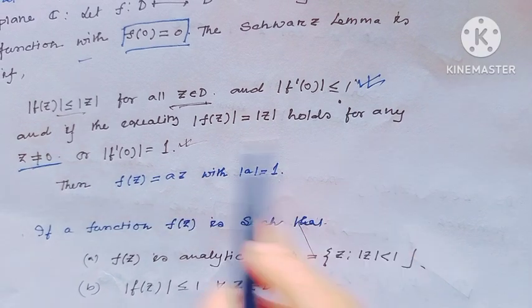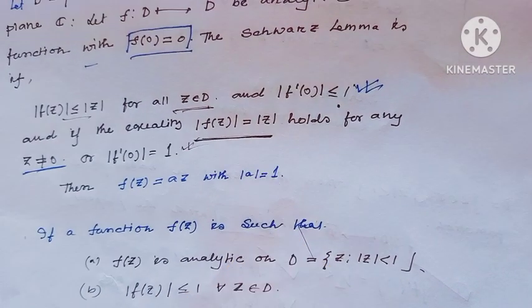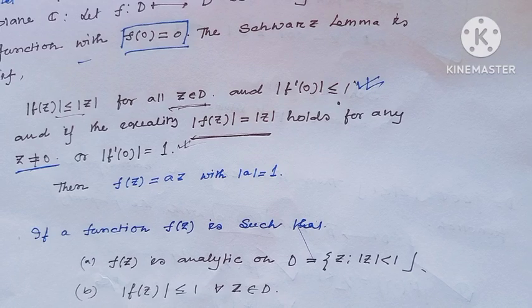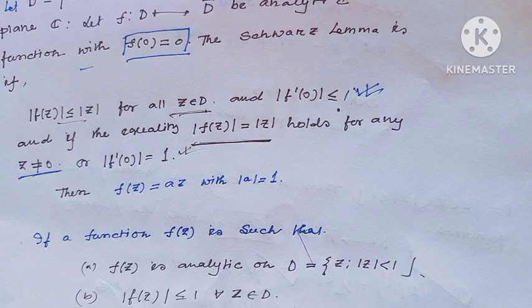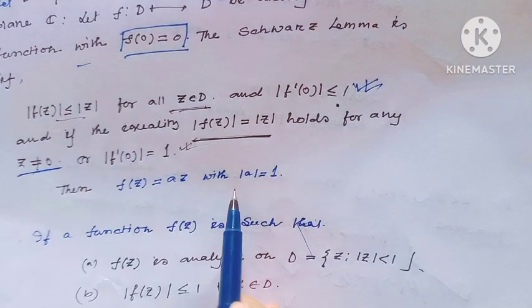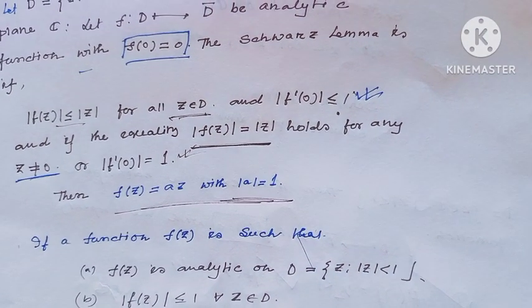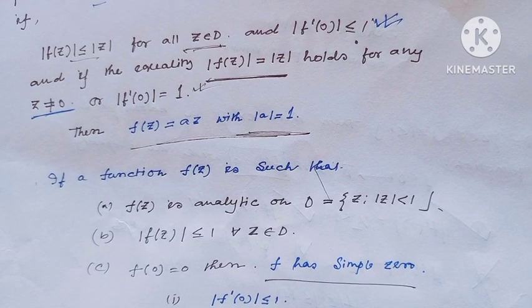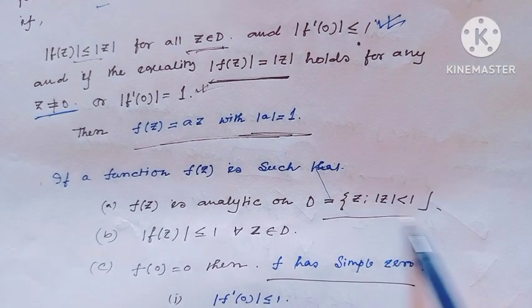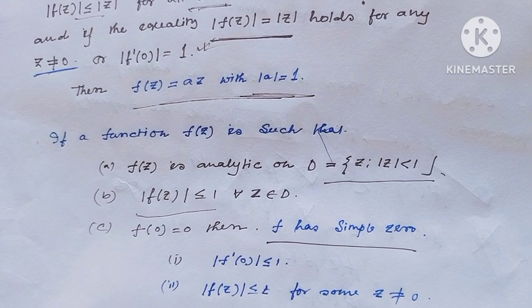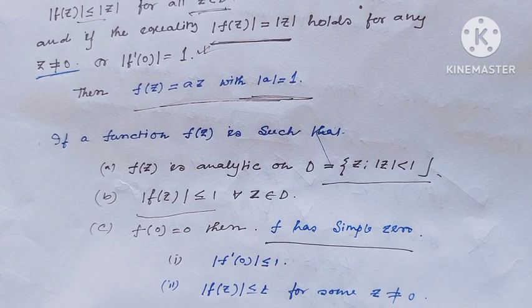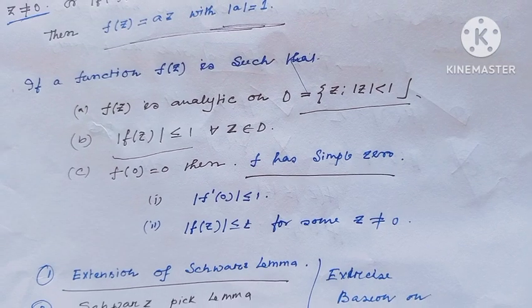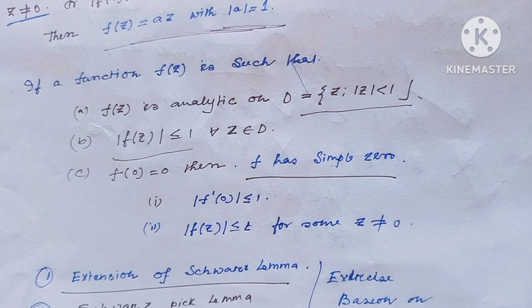If equality holds, meaning modulus of f(z) equal to modulus of z, or modulus of f prime 0 equal to 1, then we can tell f(z) equals a z with absolute value of a equal to 1. That means f(z) is analytic on this disk; second, modulus of f(z) is less than or equal to 1 for all z belonging to D; third, if f(0) equals 0, that means f has a simple 0.